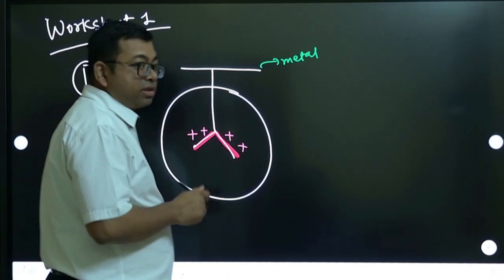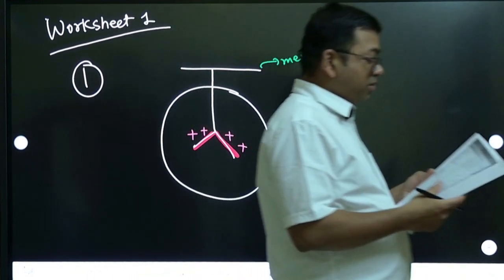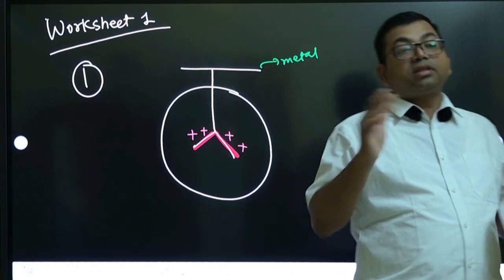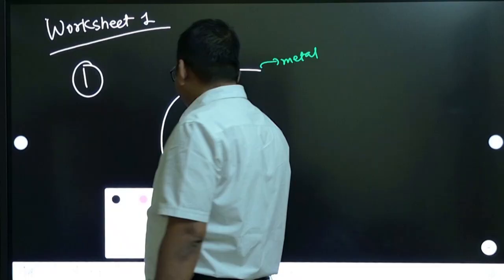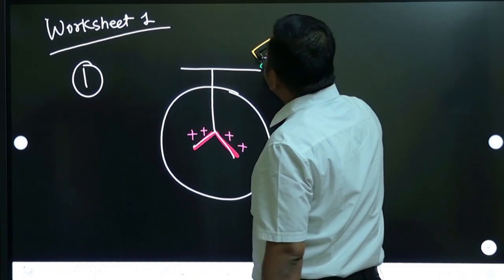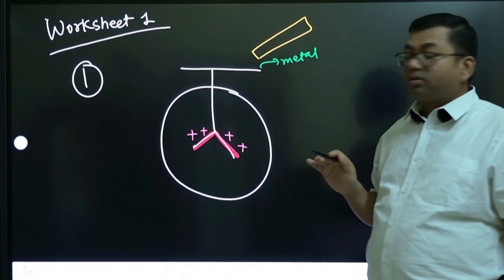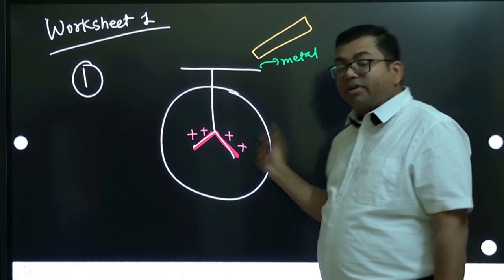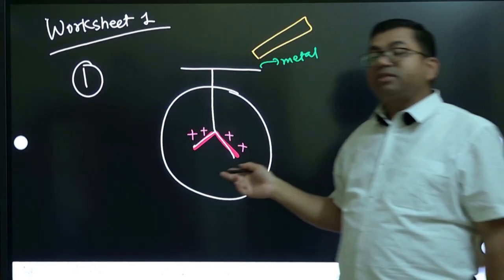They have already said that it has some positive charges, right? Now they are saying that you are bringing some body and it is further expanding. So that means, let us say you bring some rod here, but you are not touching it. If you are bringing a rod but not touching it and it is further expanding, it means positive charges are developed here.